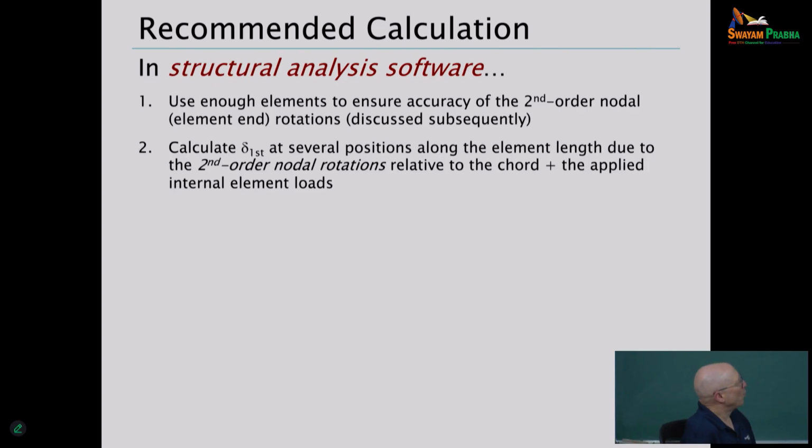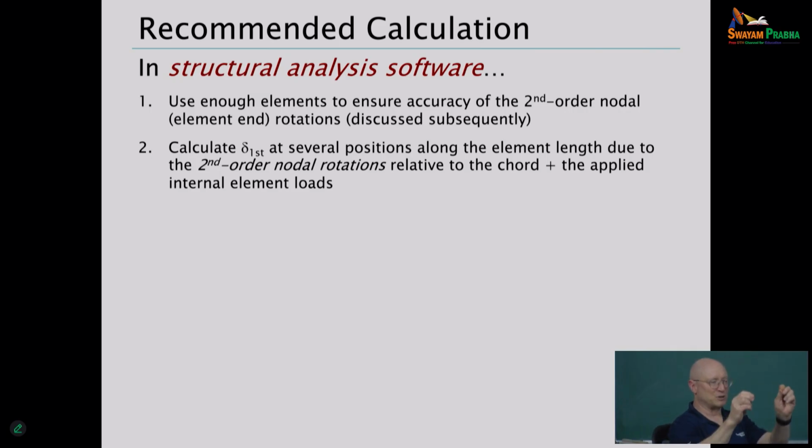Once we have an accurate nodal solution, we would calculate just a first order estimate of the displacements relative to the chord for our isolated element. So you've got your end moments coming from your geometric nonlinear analysis, and you've got whatever internal forces are applied to your element.